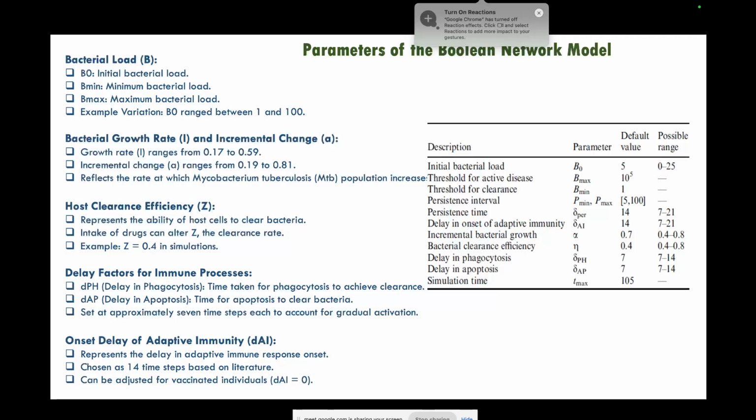So bacterial load is one. Then you have parameters like bacterial growth rate and incremental change, basically how much the volume of bacteria is increasing or decreasing, and the rate at which the population is increasing. Then you have the host clearance efficiency, since the host is also trying to clear the bacteria. Intake of drugs can alter these particular conditions.